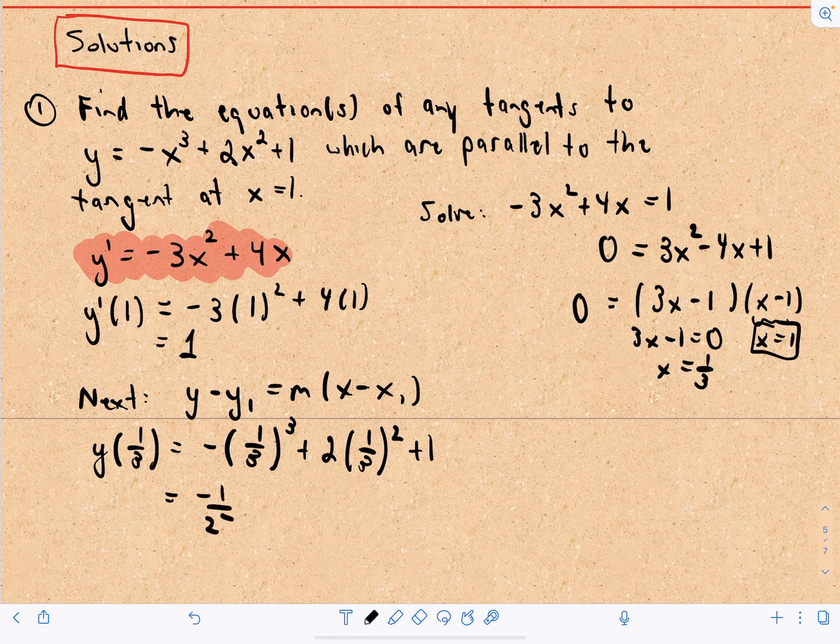So we'll have negative 1 over 27 plus 1/3 squared is 1/9, so we'll have 2/9 plus 1. Well, I'm going to multiply top and bottom of my middle term by 3 to get common denominators. We could rewrite 1 as 27 over 27. So let's simplify this and see what we get.